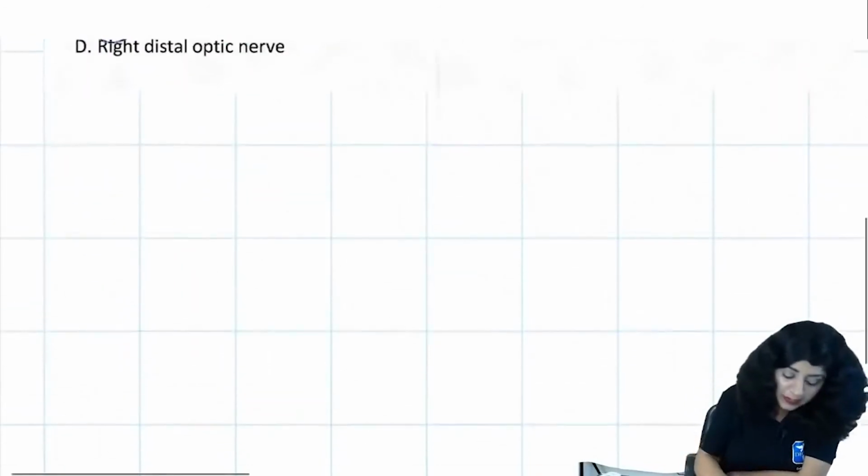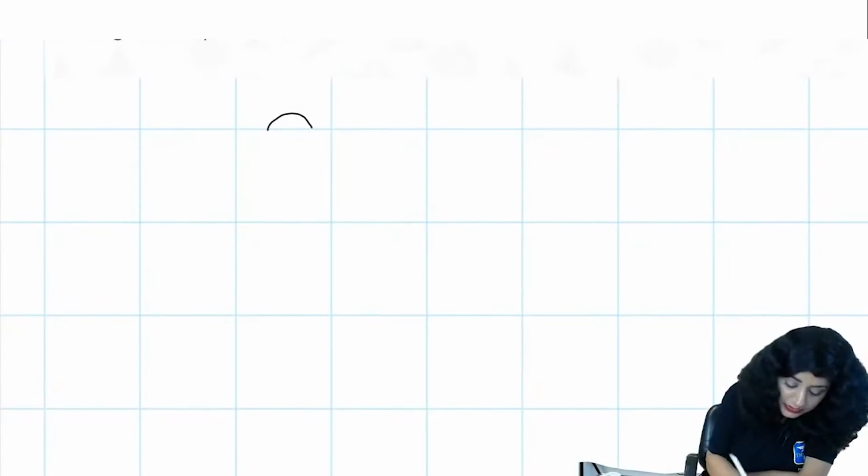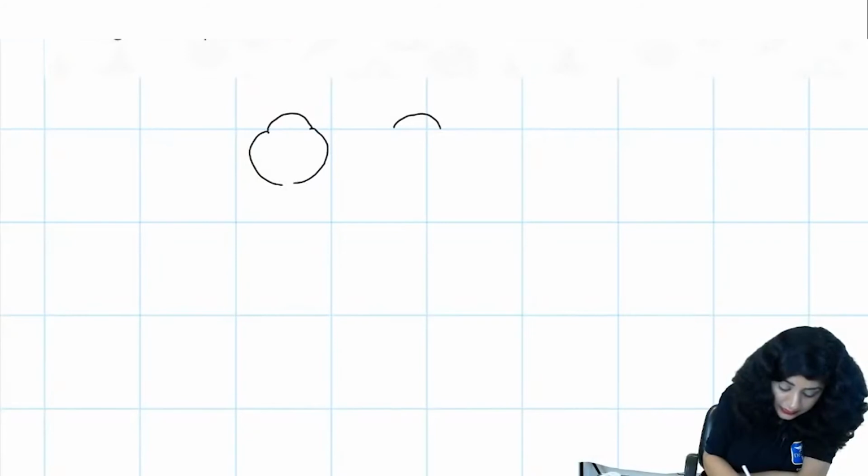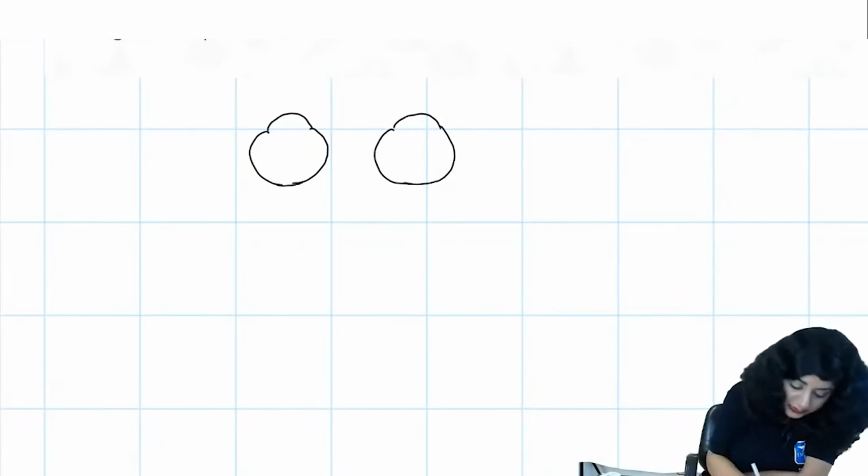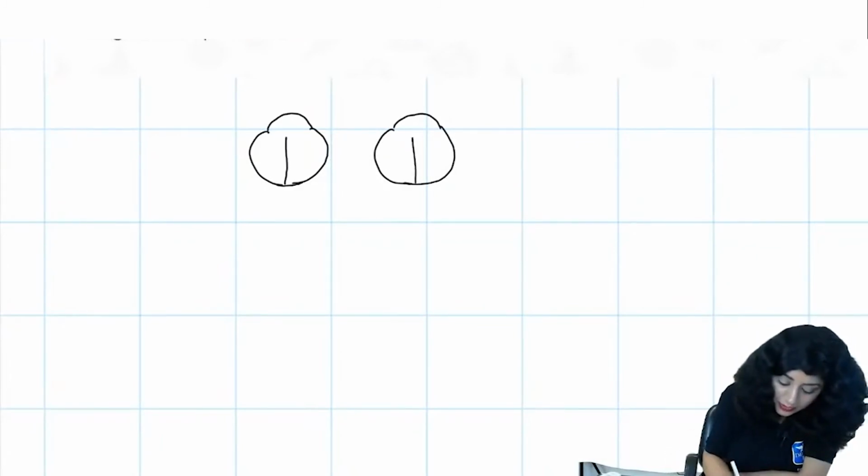If I start with the eyeball, this is your eyeball, and this is the retina, and we have divided it into two parts. These are your nasal retina and this is the temporal retina.